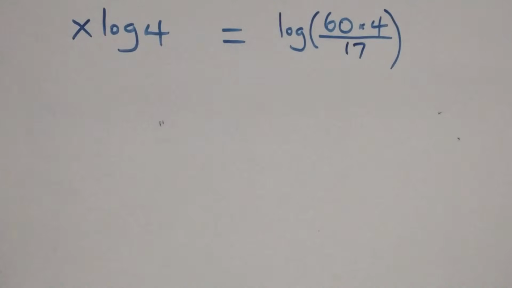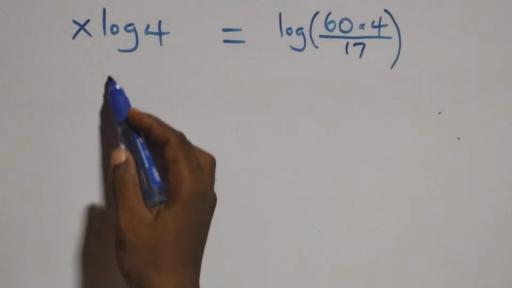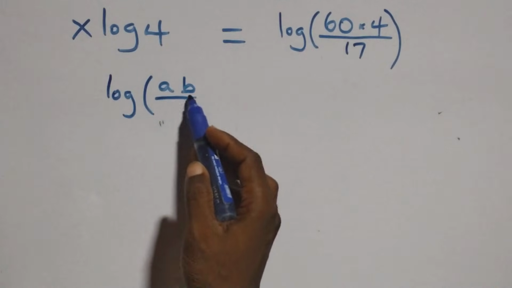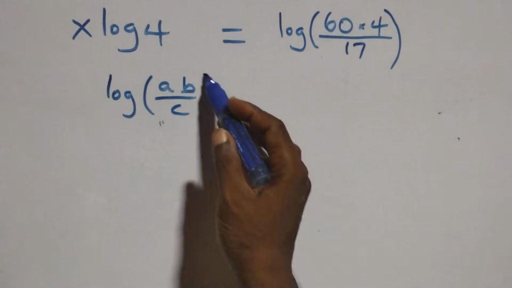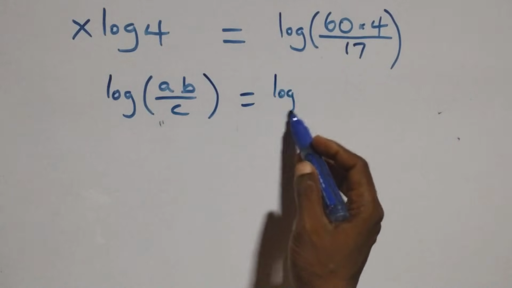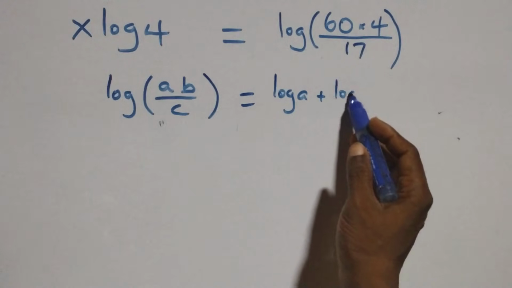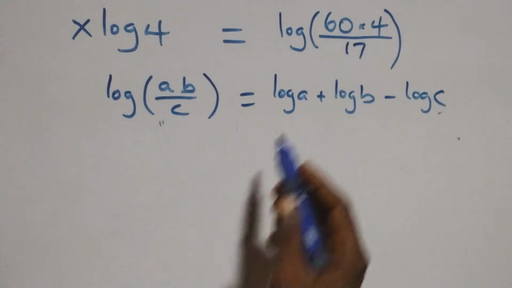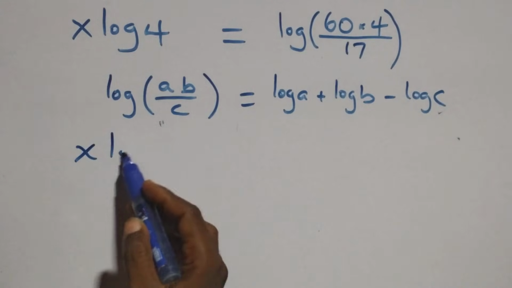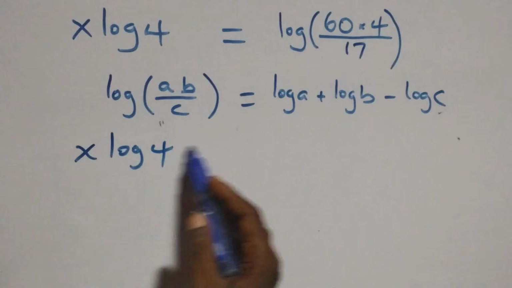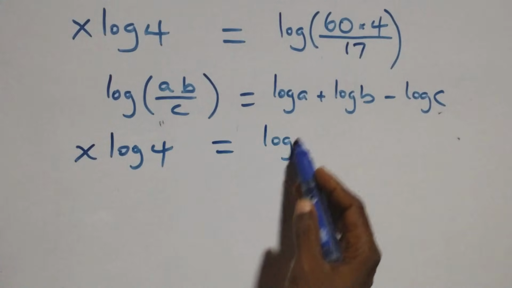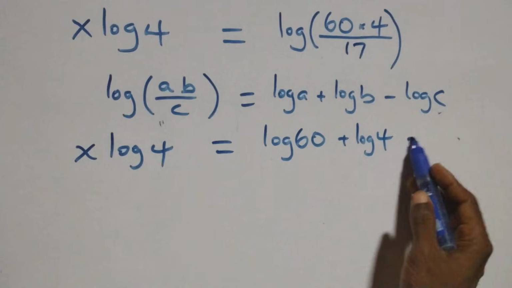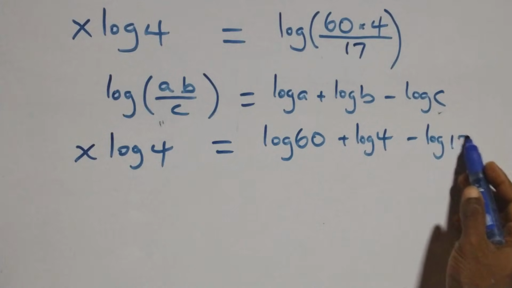Next step, this follows the law of logarithm. When we have log of a times b over c, we can write this as log a plus log b minus log c. That is, what we have here becomes x log 4 equals log 60 plus log 4 minus log 17.